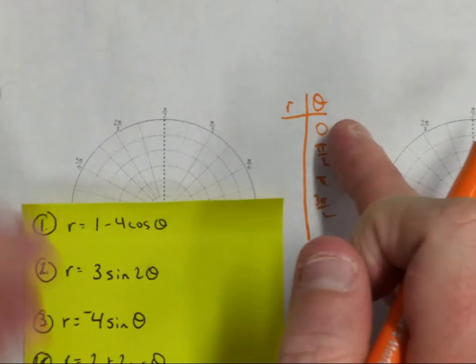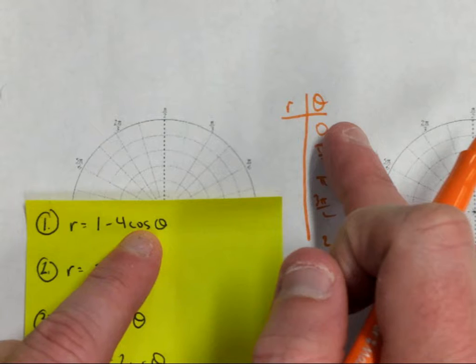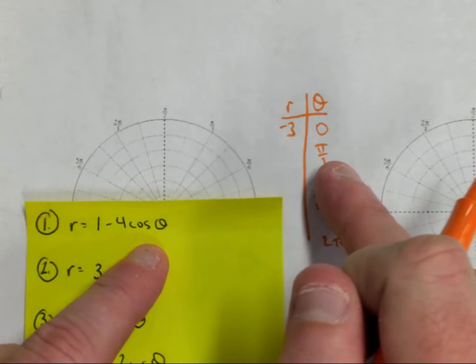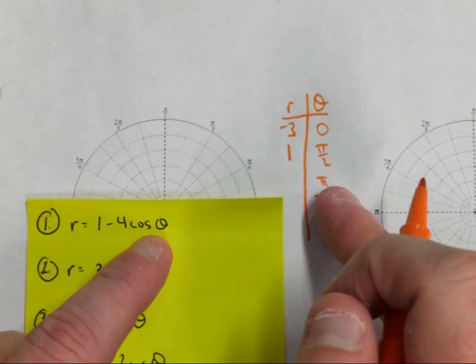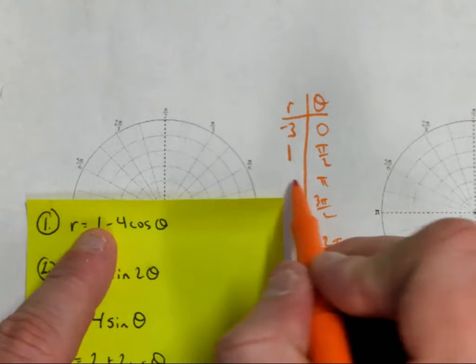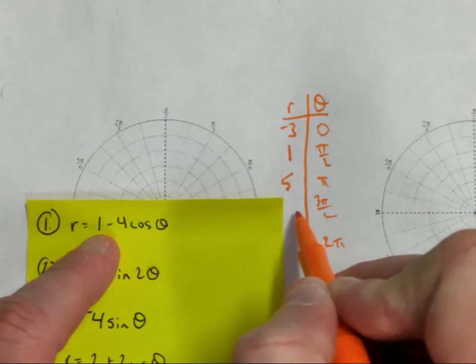If I plug 0 in here, cosine of 0 is 1. 1 times negative 4 is negative 4. Negative 4 and 1 gives me a negative 3. Cosine of pi over 2 is 0. That goes away. That leaves me 1. Cosine of pi is negative 1. Negative 1 times negative 4 is 4. Plus 1 is 5. Cosine of 3 pi over 2 is 0. That will give me 1.